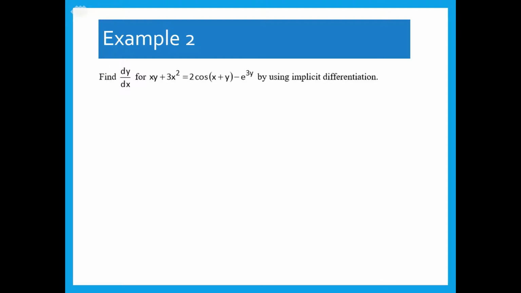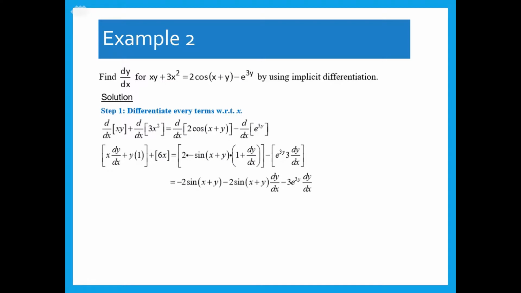You need to find dy over dx for the given equation using implicit differentiation. To find dy over dx, first differentiate every term with respect to x. Differentiate xy using product rule. The answer is x dy over dx plus y.